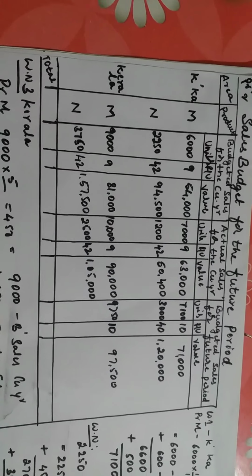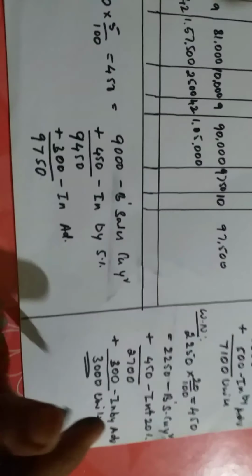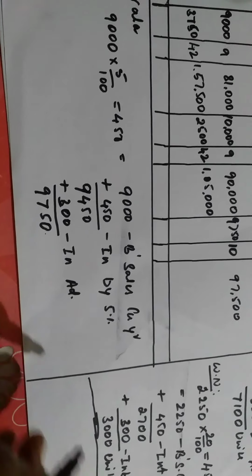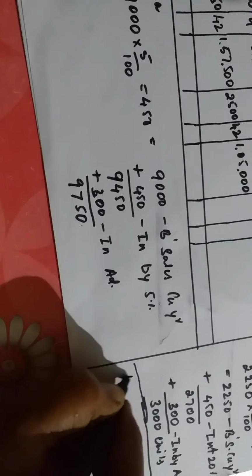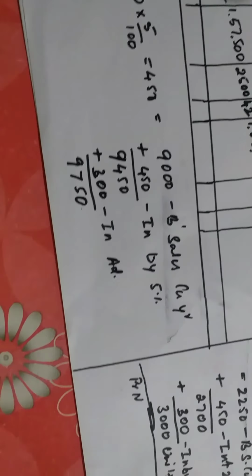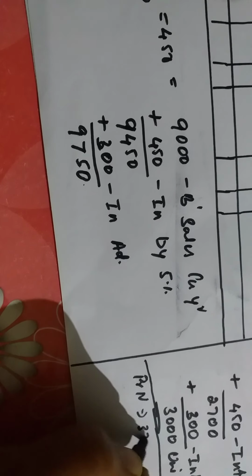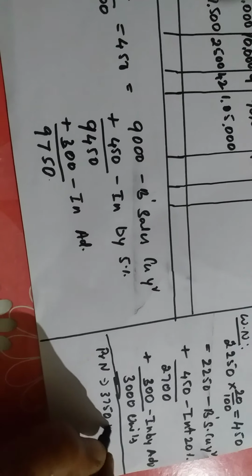Well, lastly, the Kerala product N also we have to do the additional calculations in the same manner. Here it is 3,750 units of product N in Kerala, and it increases by 10%.